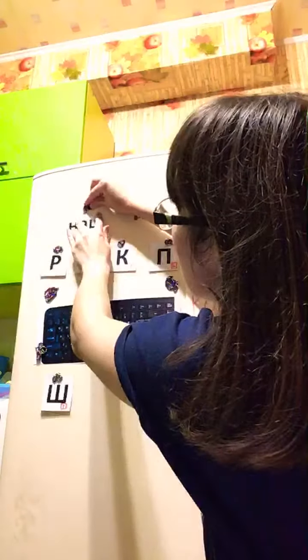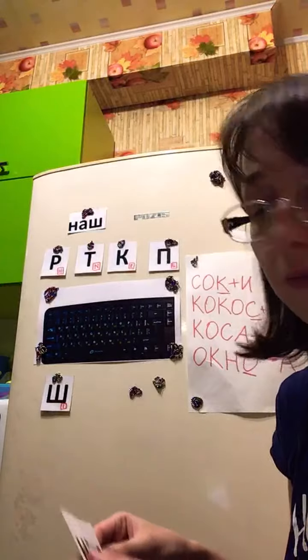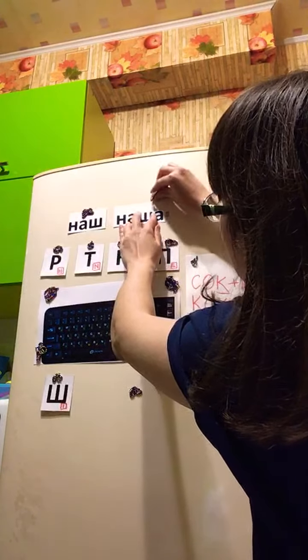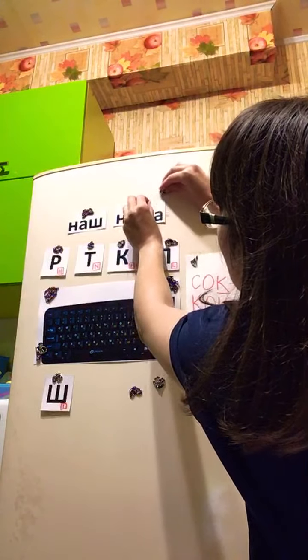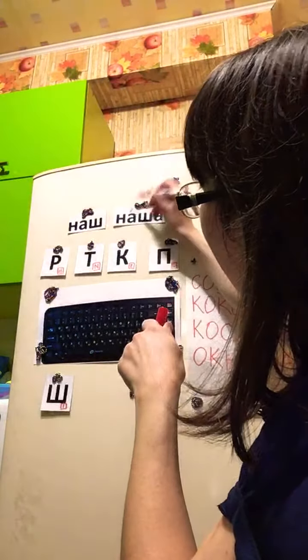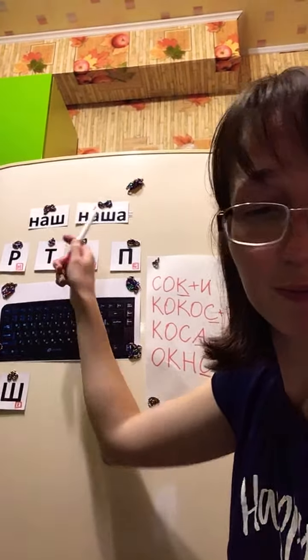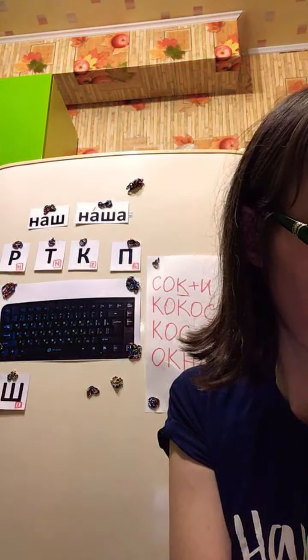Well, the first word, наш. The second word, yeah, I need some magnets. Not enough magnets. Наша. Наш, наша. Actually, do I have a plural word?